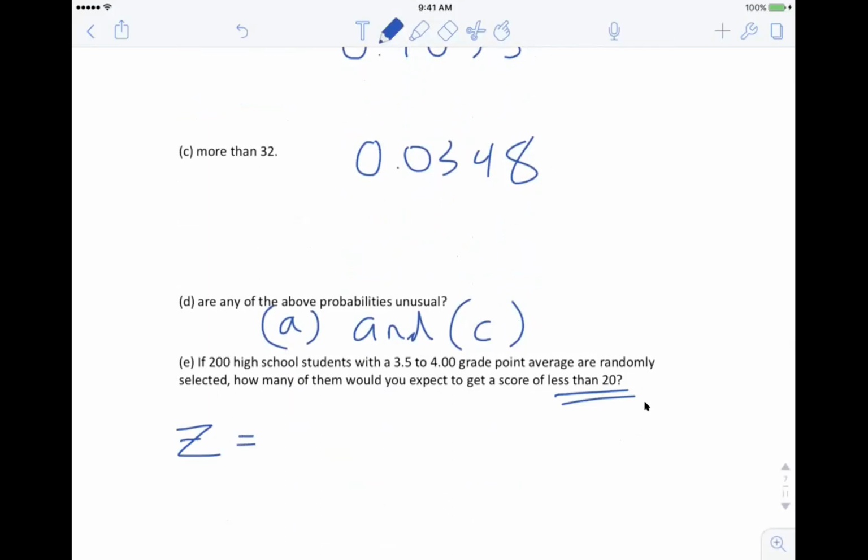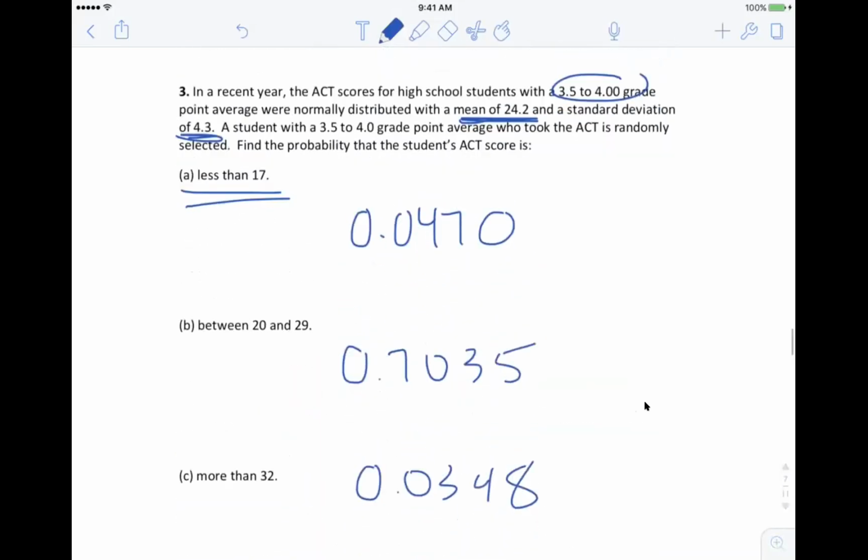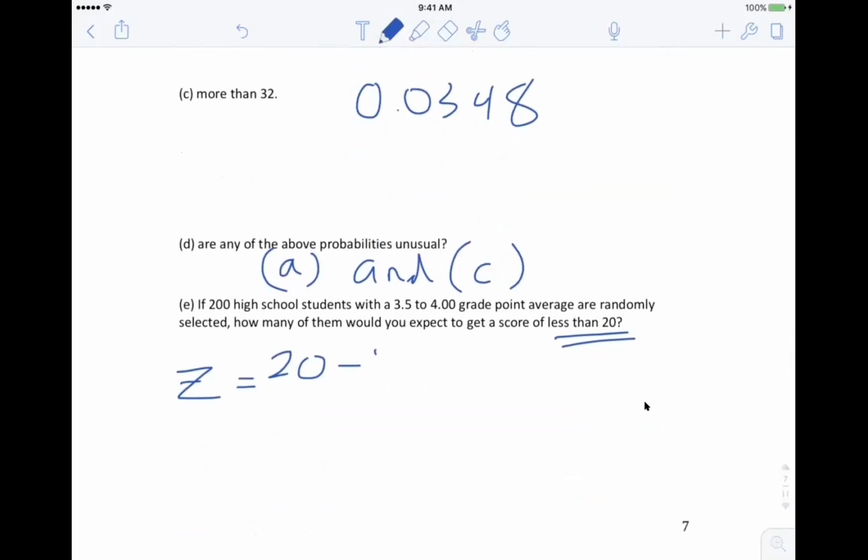So if I needed a z-score, I would do 20, because I want less than 20, minus the mean, which was, going back up, 24.2, divided by 4.3. All right, and then use your calculator to get that. And that's about negative 0.98.